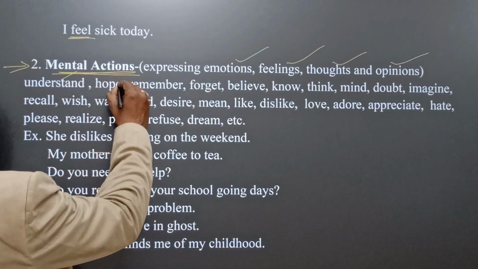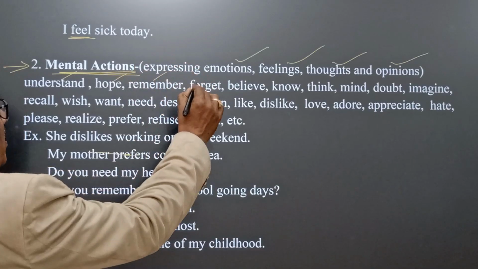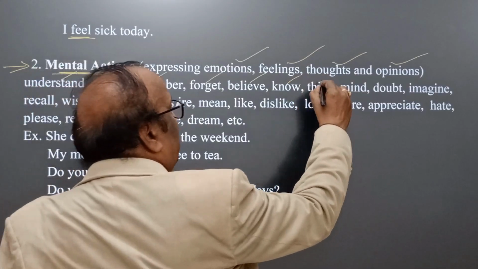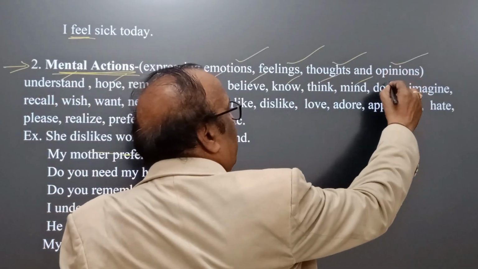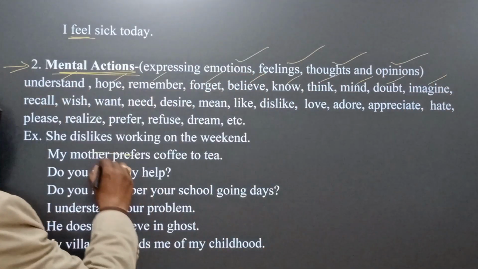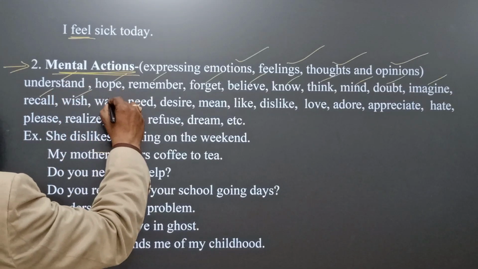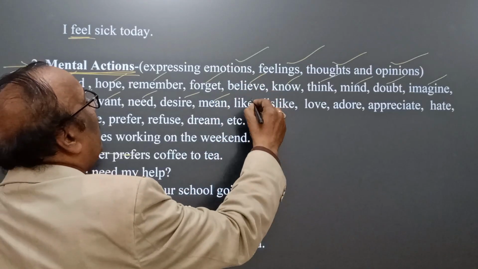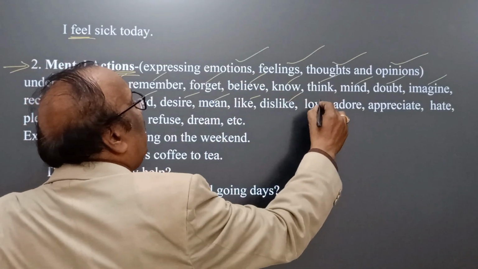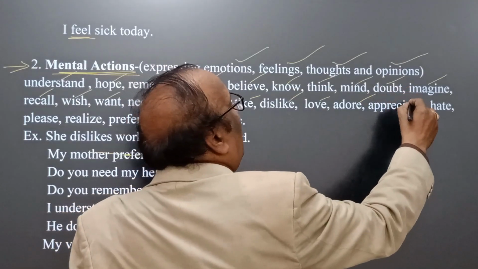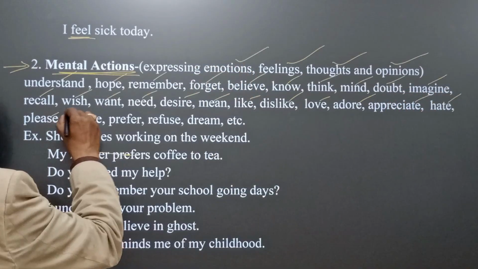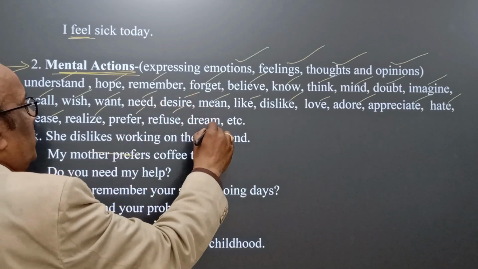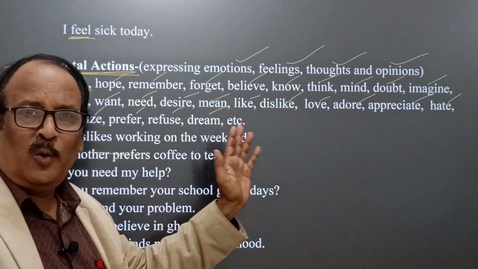Understand, hope, remember, forget, believe, know, think, mind, doubt, imagine, recall, wish, want, need, desire, mean, like, dislike, love, adore, appreciate, hate, please, realize, prefer, refuse, dream, and so on.